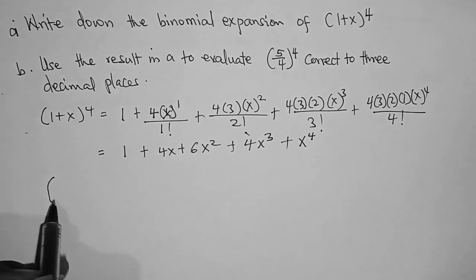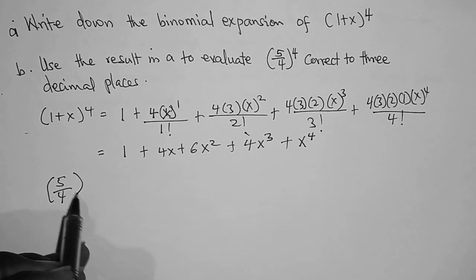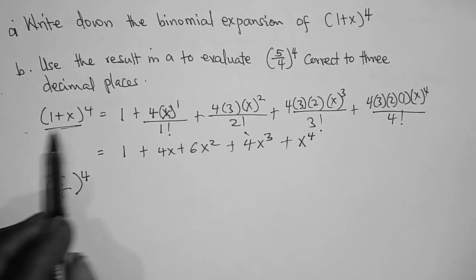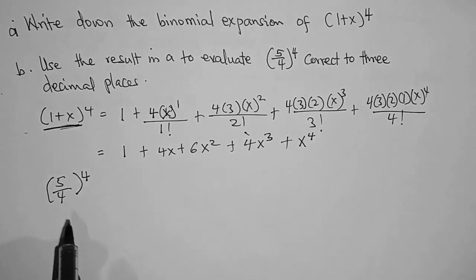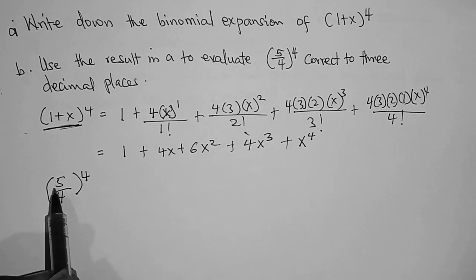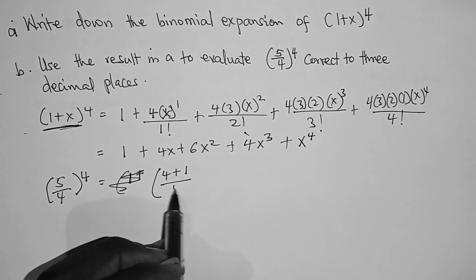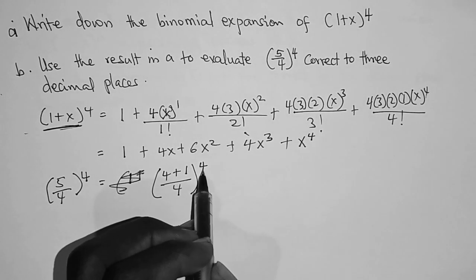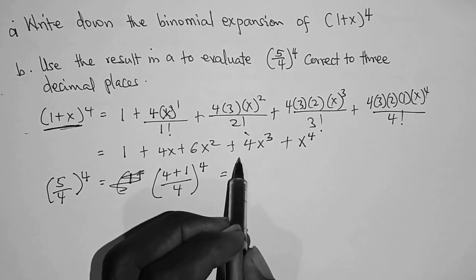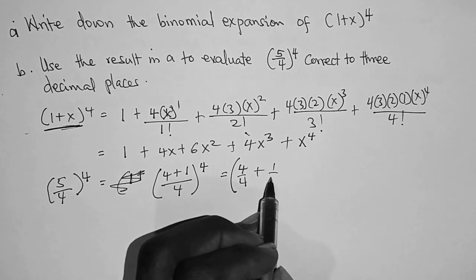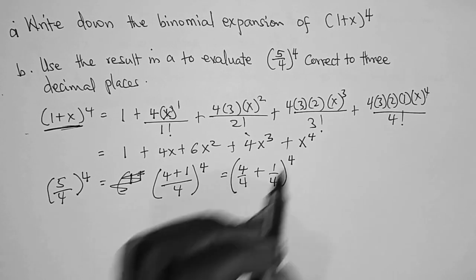Now we are supposed to evaluate (5/4)^4. We need to be able to write it in terms of 1 plus a certain value. Now 5 can be written as 4 plus 1, divided by 4, all to the exponent 4. And so this can be written as (4/4 + 1/4)^4.